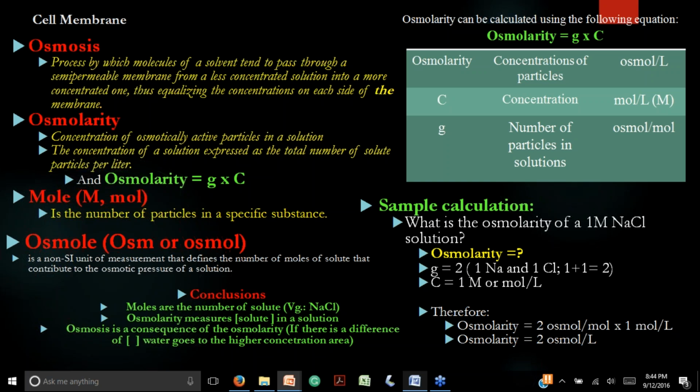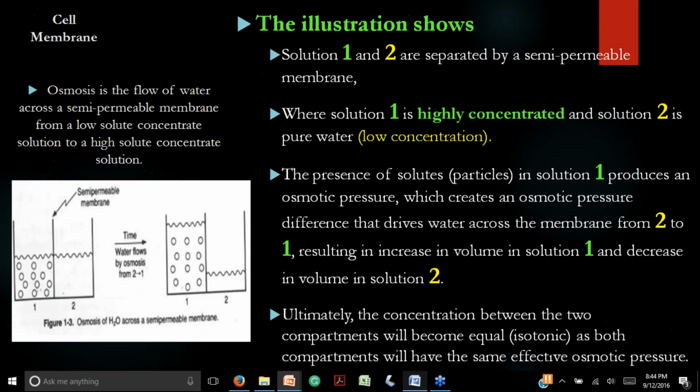Remember, at the beginning we were talking about the universal balance. Everything should be equally concentrated on both sides. In osmosis, the molecules cannot pass through the membrane because they are too big, so just water is going to pass.